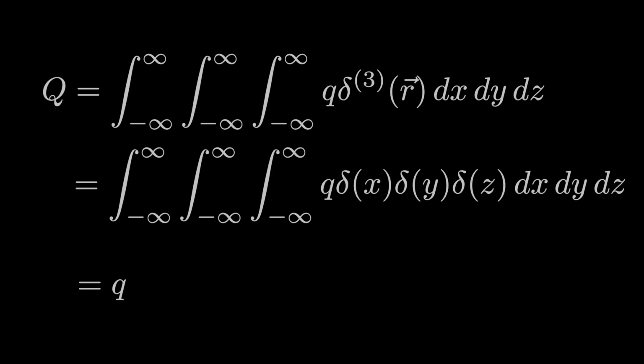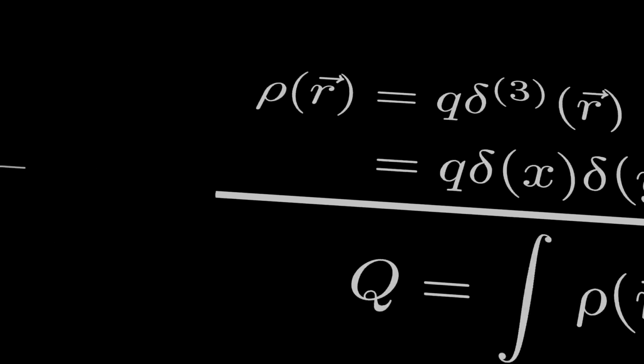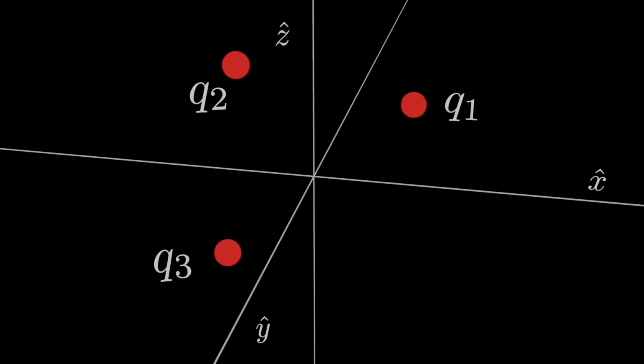And that's what makes the sifting property of the Dirac Delta function really awesome as well, is that computing things like total charge is just a matter of counting up the total charge within the bounds of your integration, because all those point charges are going to be localized to wherever the respective charges are centered at with those delta functions. So if we consider a system of multiple point charges, let's say that we have 3 of them here.